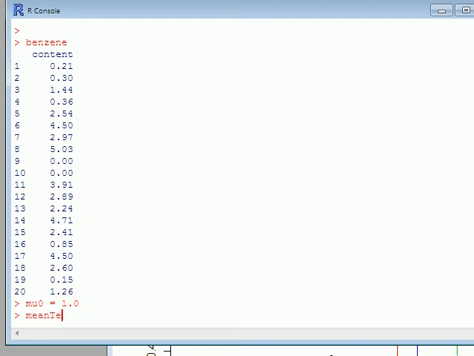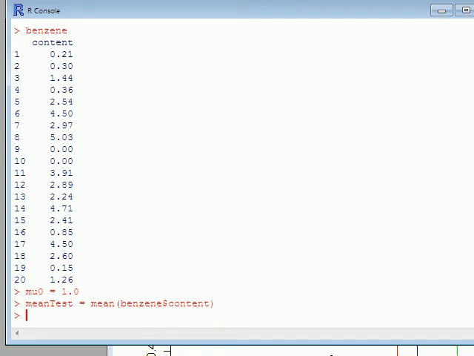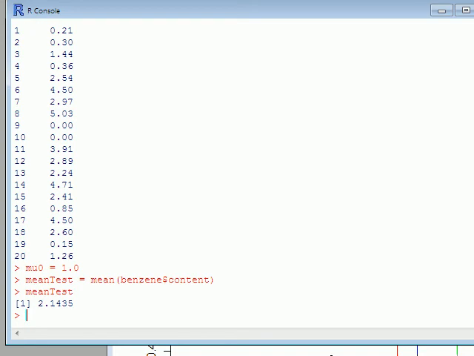The mean for the test, and we just take the mean of this, happens to be 2.14, which seems like it's pretty high, but we don't know if it's in the noise around the acceptable value or whether it really means that it's out of compliance.